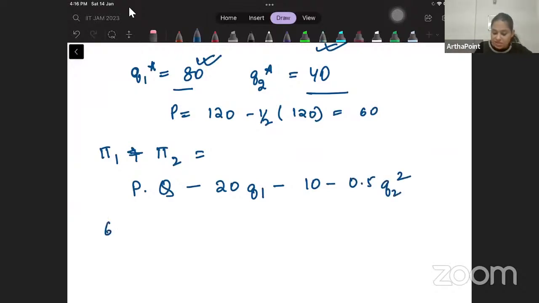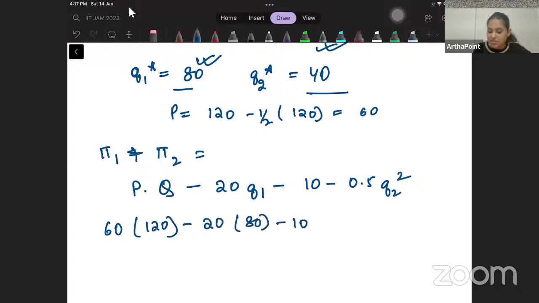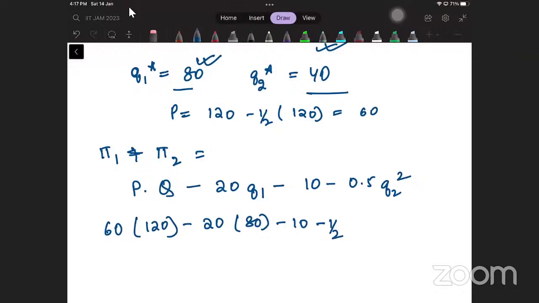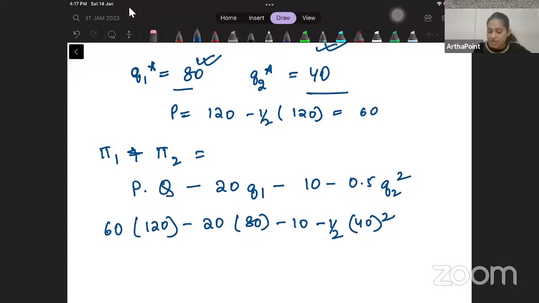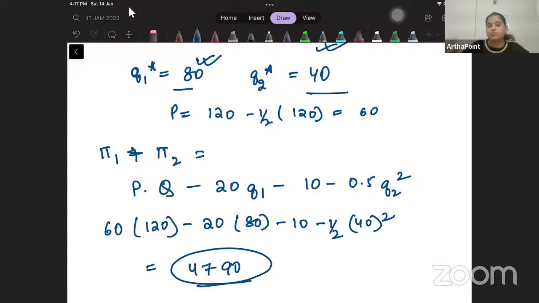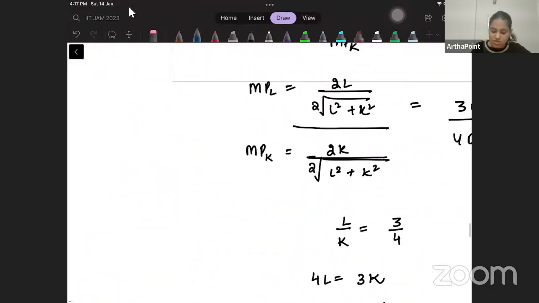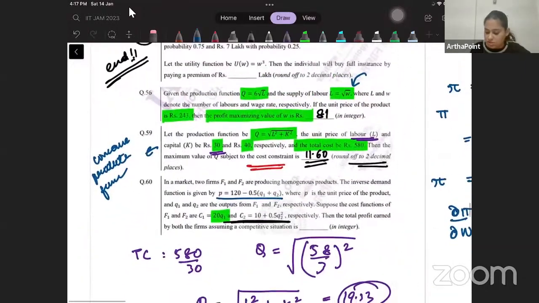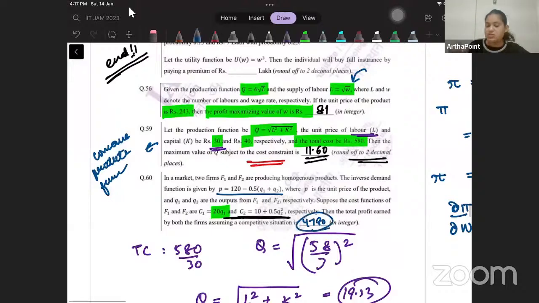So price is 60. Total quantity is 120, minus 20 Q1, which is 80, minus 10 minus half Q2, which is 40 squared. When you solve this, you will get the answer as 4790. So this is going to be the profit of the firm together. So the answer to this question is 4790.